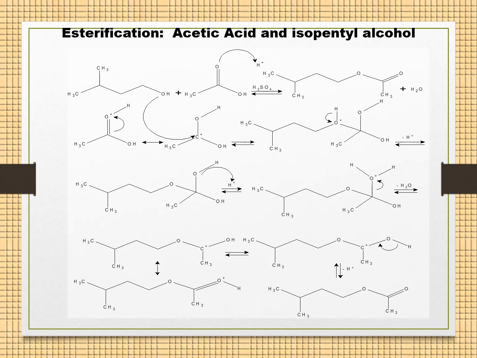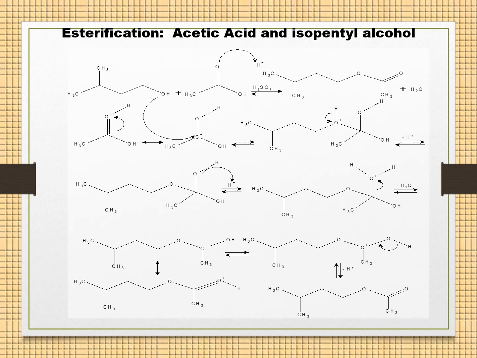In a similar way, our esterification reaction between our isopentyl alcohol and acetic acid is conducted. There is not any difference. So we have the alcohol and the acid. When we add the strong concentrated acid, the H coming from the strong acid will protonate the carbonyl carbon.